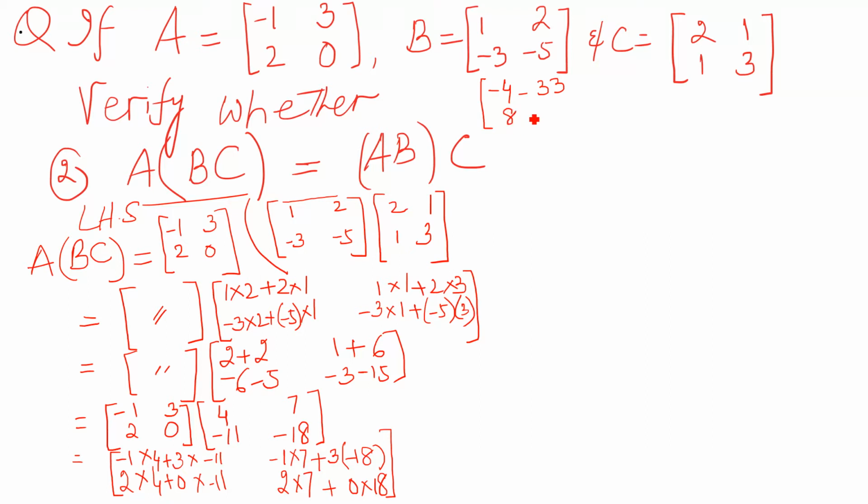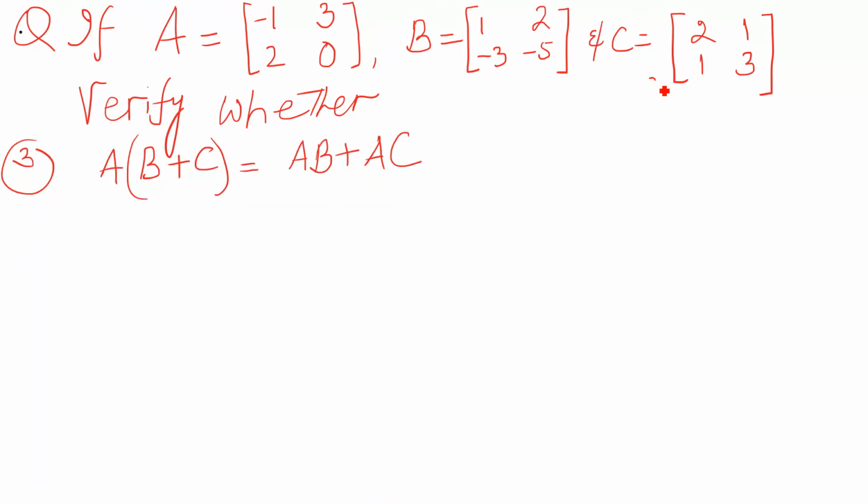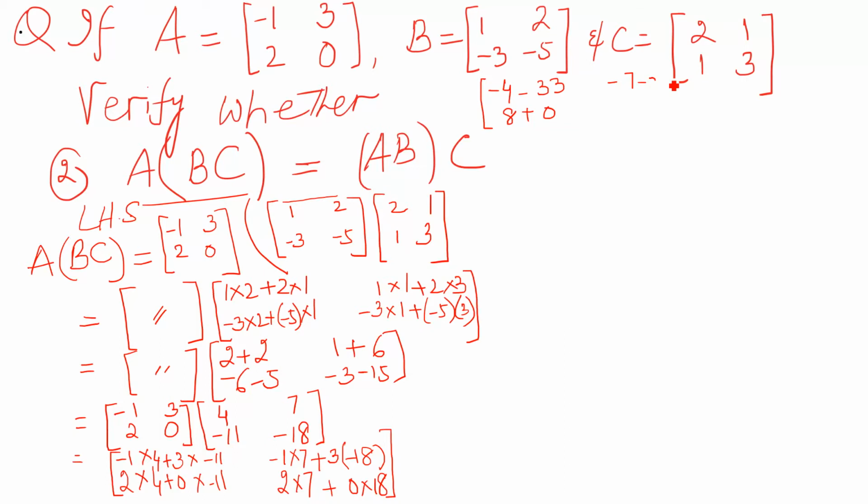It will be 8 plus 0, here is -7 minus 54, it will be minus 54, and then 14 plus 0.